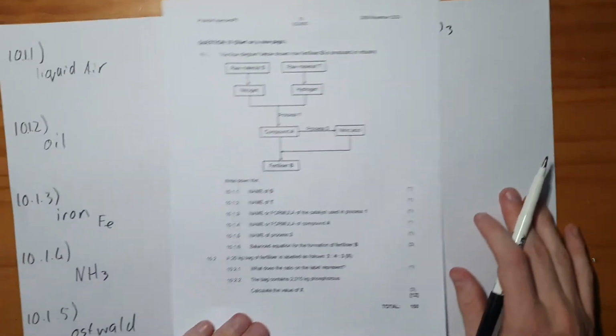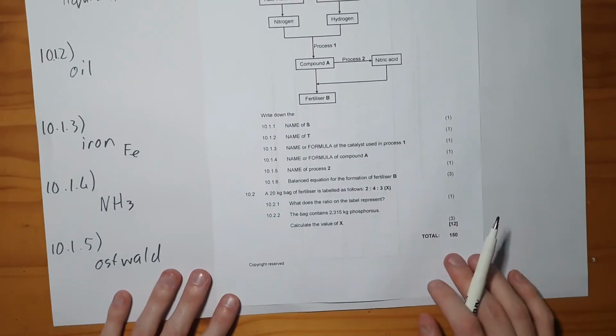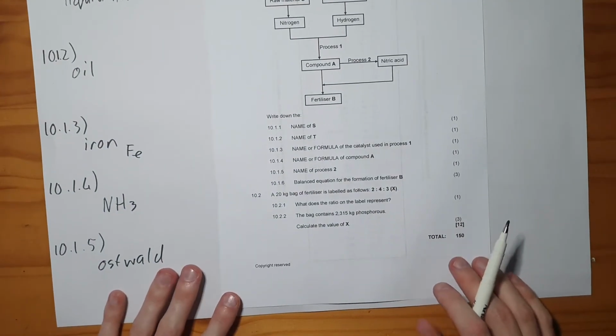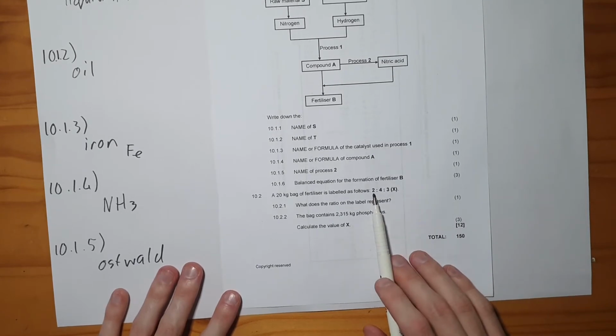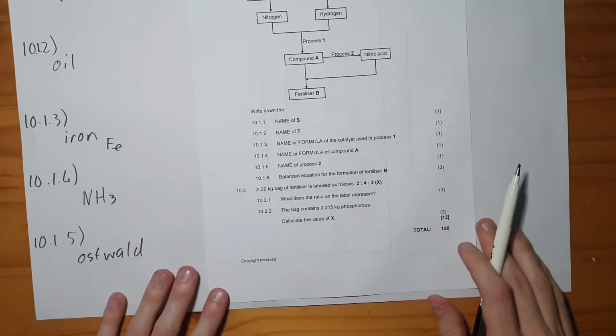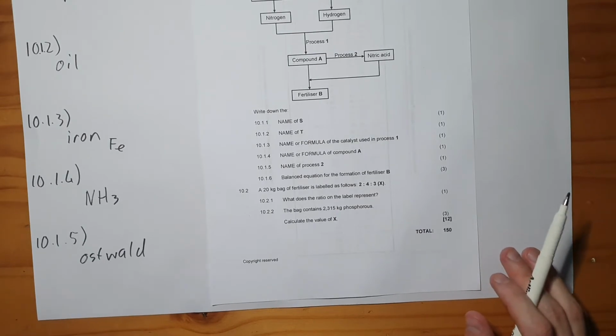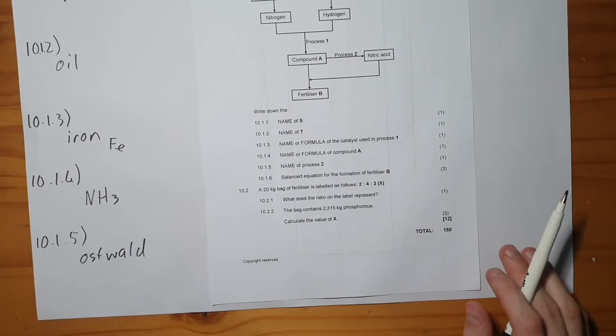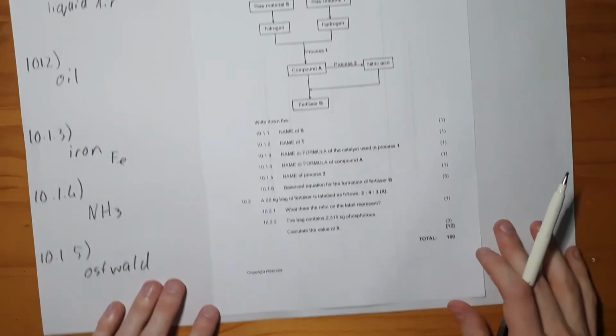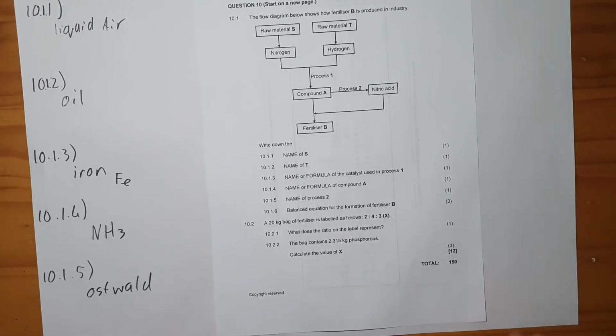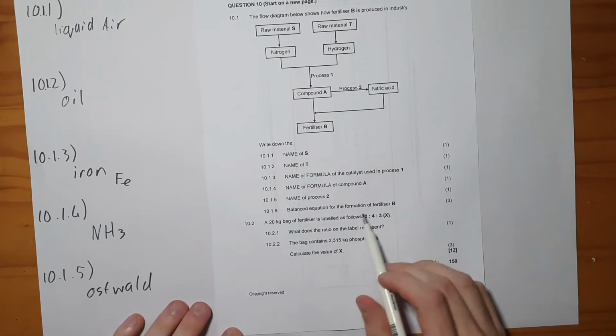Now looking at 10.2, it says a 20 kilogram bag of fertilizer is labeled as follows: 2 to 4 to 3. This is your NPK ratio. It's made of urea, superphosphate and potassium chloride, which is put into that ratio.